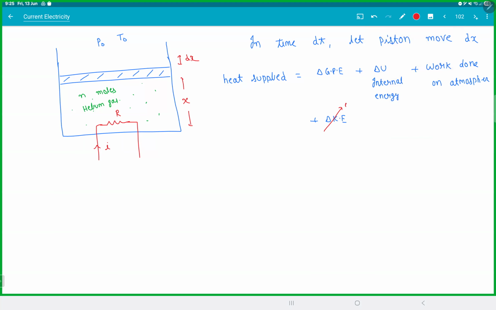Luckily, this term is gone since the speed is constant. So in time dt, the heat supplied will be I square R dt.